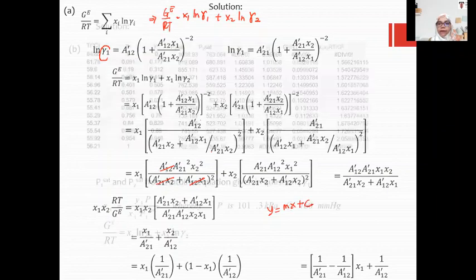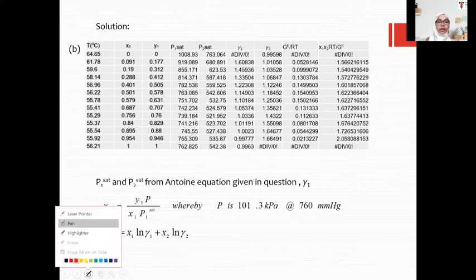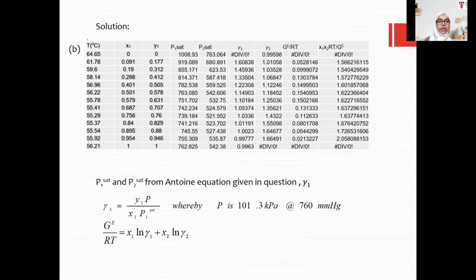To answer question B, determine the Van Laar constant from the expression we obtained in A. The first thing is you need to have the set of data. The set of data given is the VLE, and then we can obtain the saturation pressure from the Antoine equation.